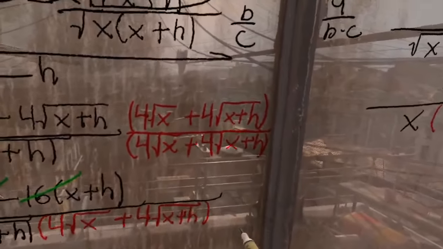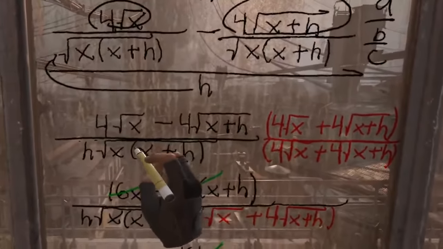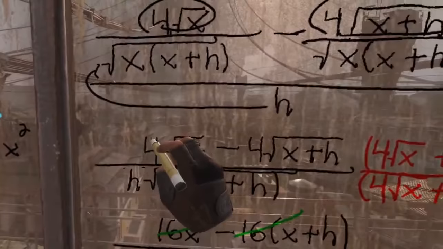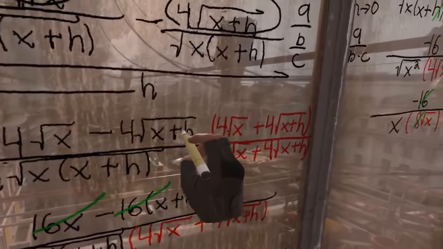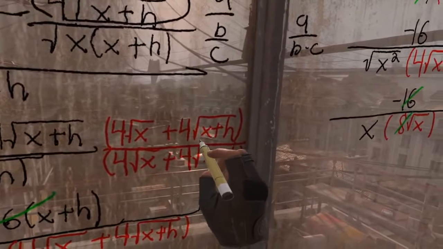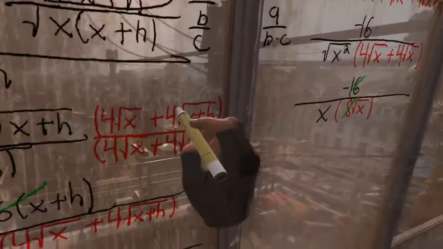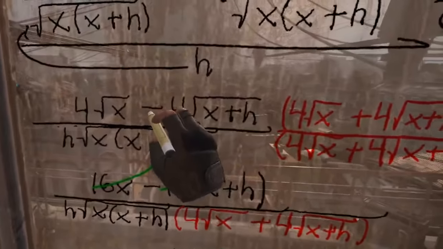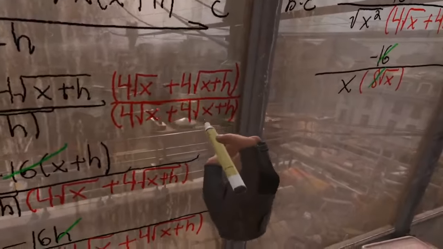Because of course we're going to try to cross things out. So remember the rules of conjugates. You use the same two groups of terms, but if one's a negative, the other one's a positive, or vice versa, right?